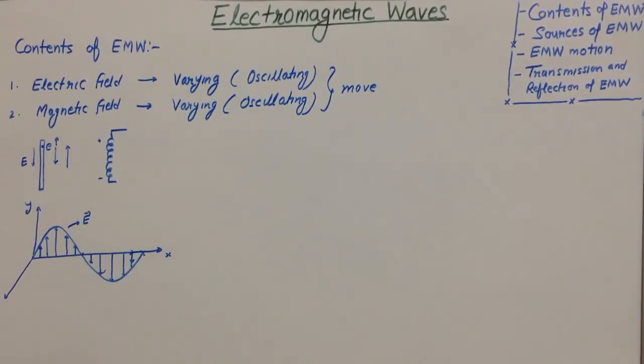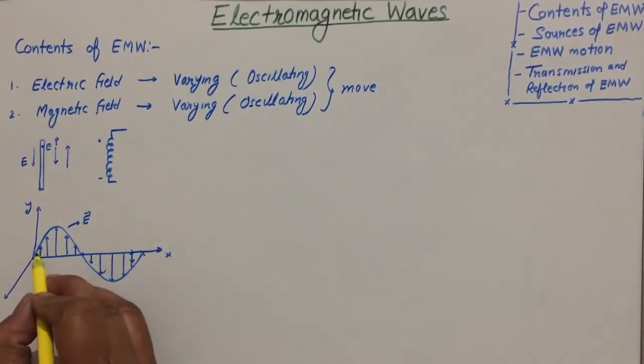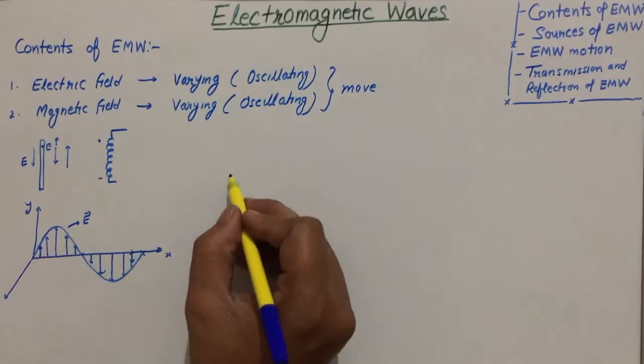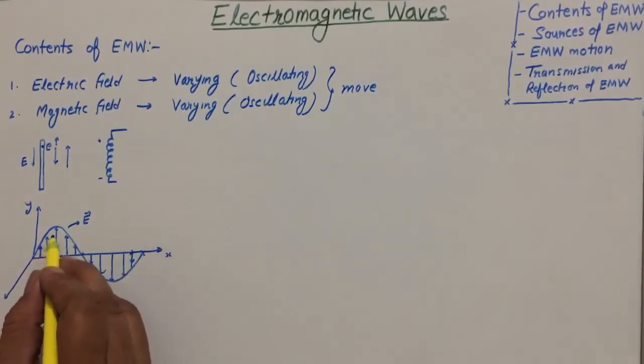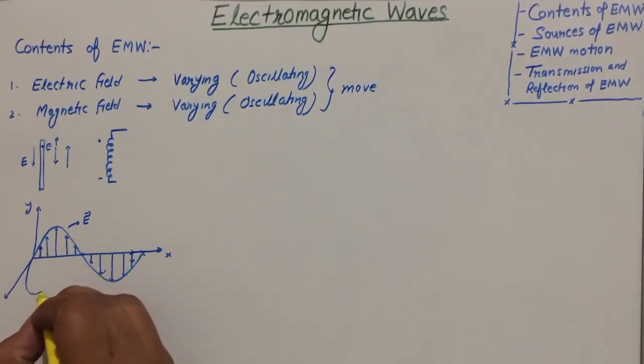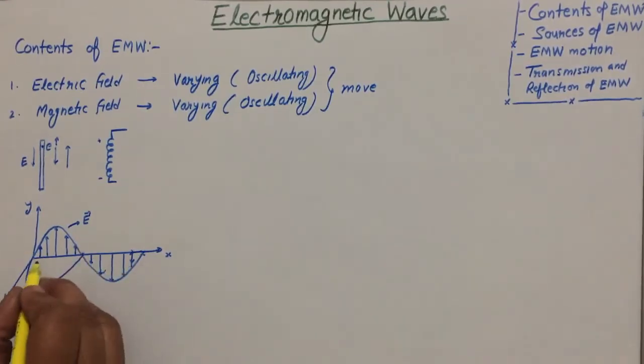And similarly, the magnetic field is orthogonal to this, at 90 degrees to this, and we can assume it like this.